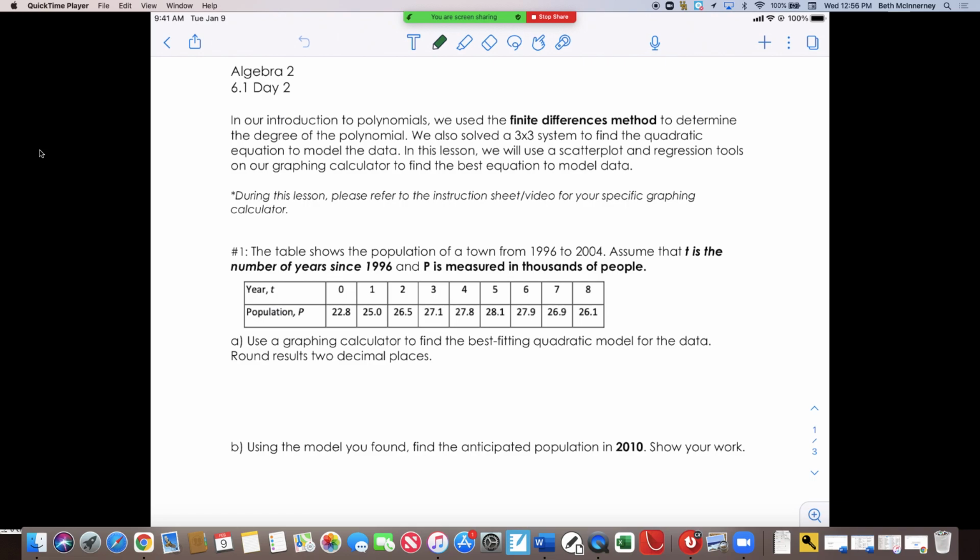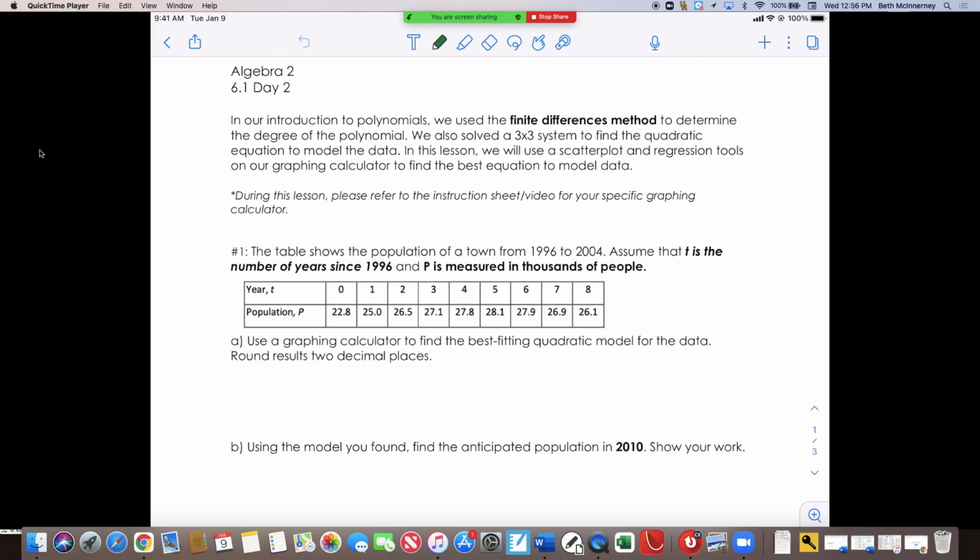Now, if I have 22.8 for the population, how many people is it actually? It's not 22.8 people. What are the units of P? Thousands. So what is 22.8? What is the actual population then? 22,800.